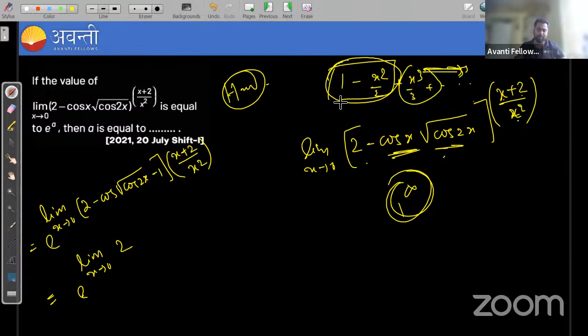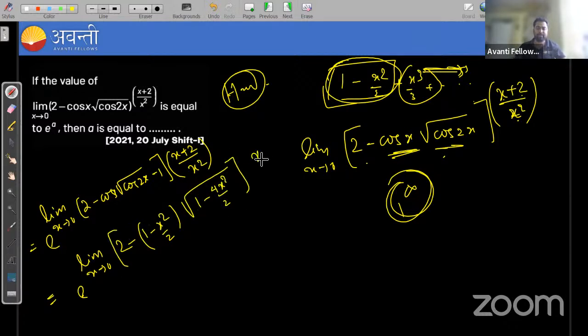So I'm just taking 1 minus x square by 2 in place of cos x, and in place of cos 2x, I'm taking 1 minus 4x square by 2, whole into x plus 2 by x square. Now the calculation will be easy to solve.